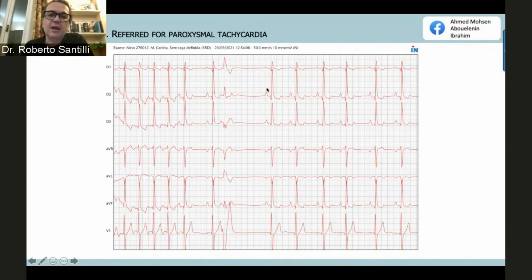While when it's coming out from the sinus node, it's parallel to lead 2, so it's more or less plus 60. Okay, so it's a focal atrial tachycardia arising from the mid-crista, interrupted then by a sinus beat, this one, and then this is a completely normal sinus rhythm, interrupted by a ventricular ectopic beat.